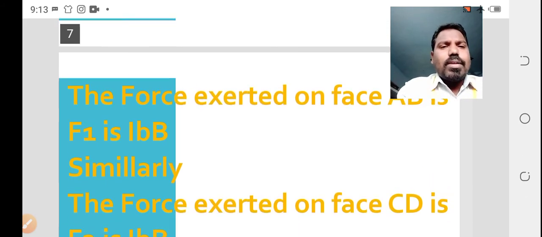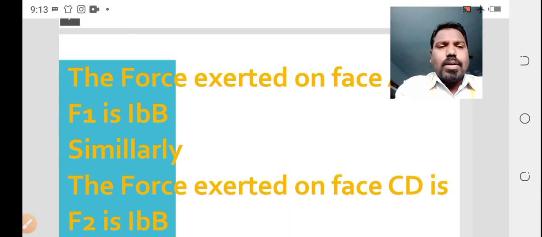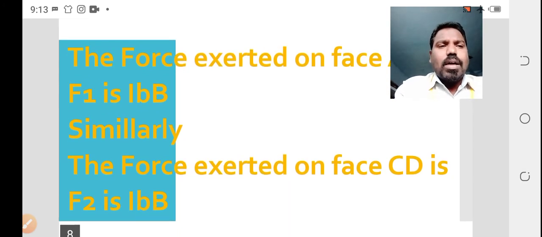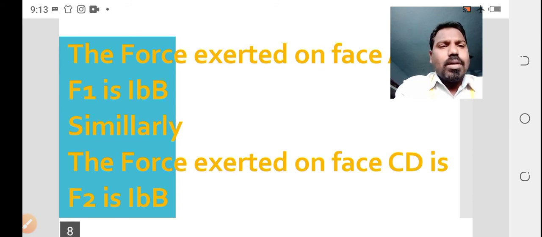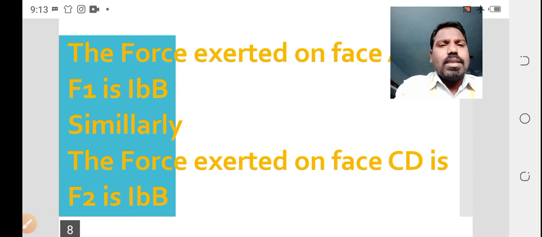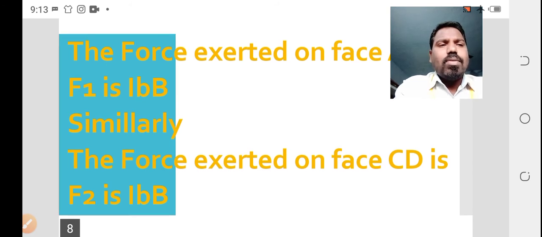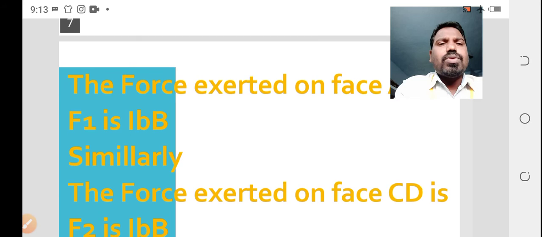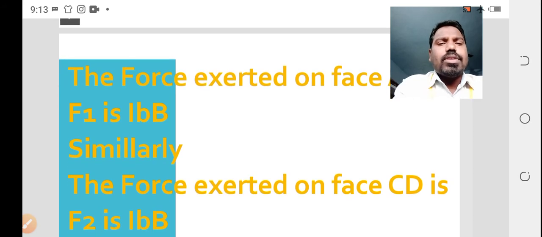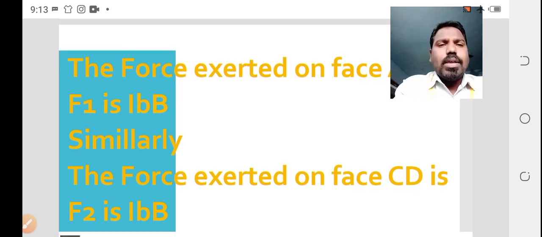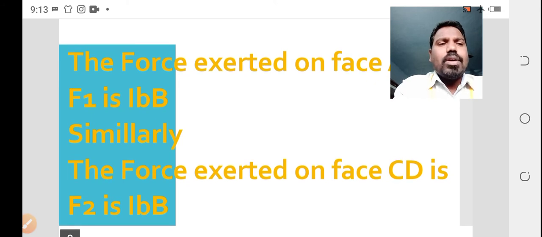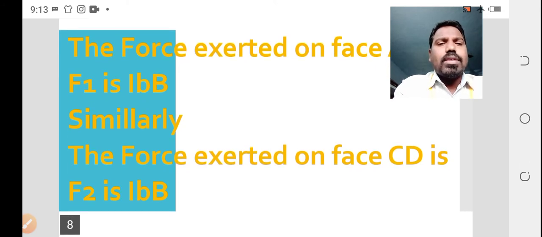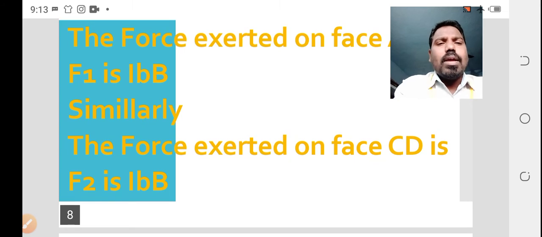Similarly, on the other side, what is the force exerted on face CD due to B? That is F2, which is again IBB.